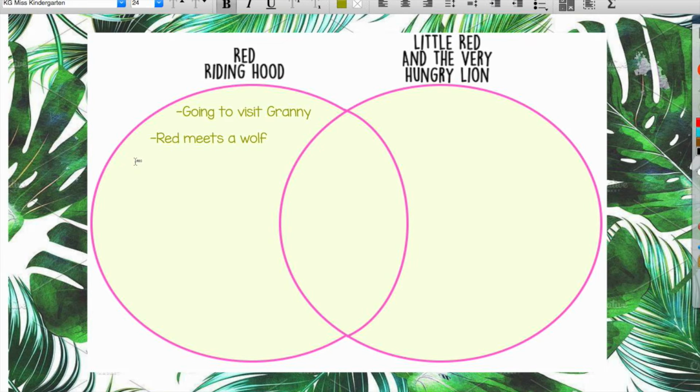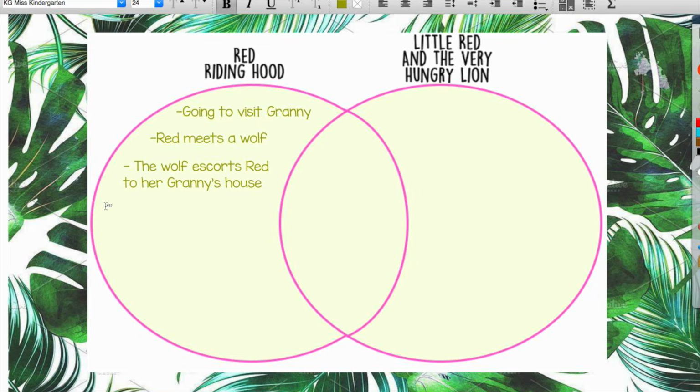Another difference that I saw in the first story that I did not see in the second story is that the wolf actually escorts Red to her granny's house, for some of the way at least. I'm going to write that as my third difference. The wolf escorts Red to her granny's house.